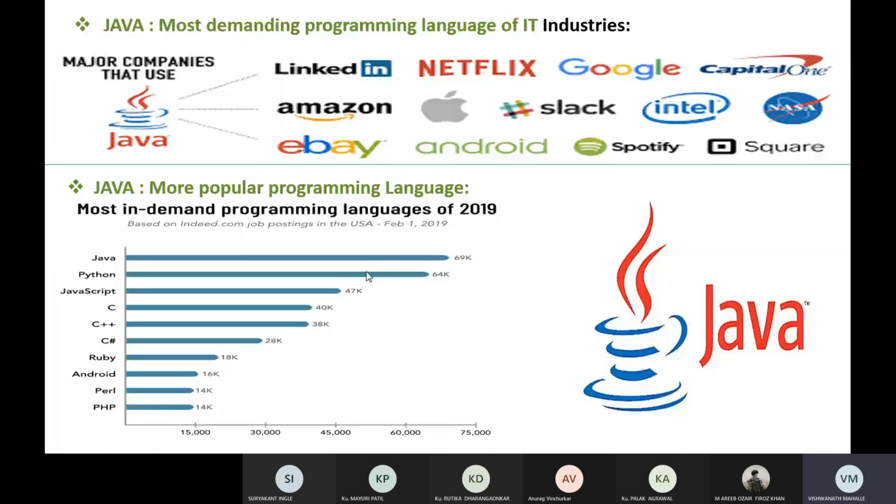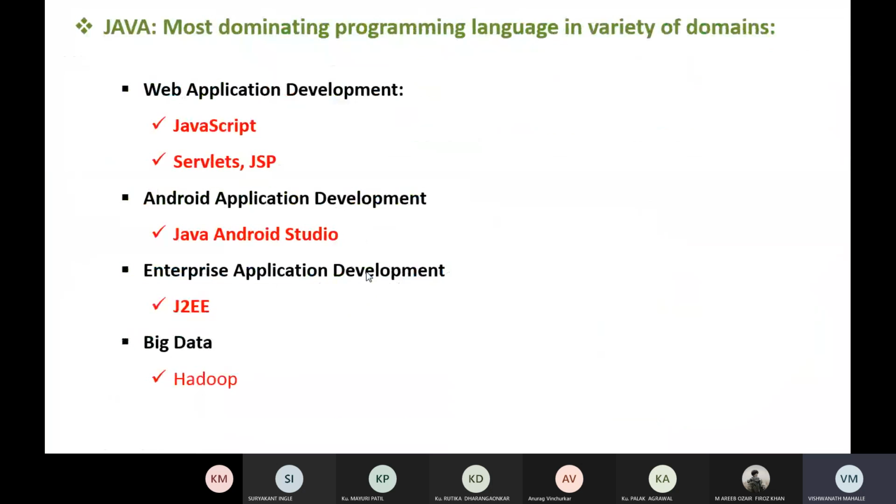We have also seen that Java is a more demanding programming language for IT industries, and we saw the popularity of Java in 2019. Java can work in a variety of domains: web development, Android application development, enterprise application development, big data. So for these purposes we can use Java also.